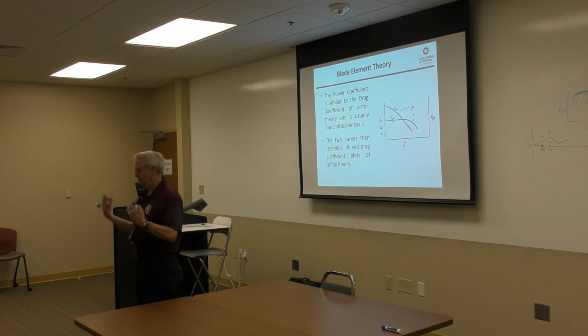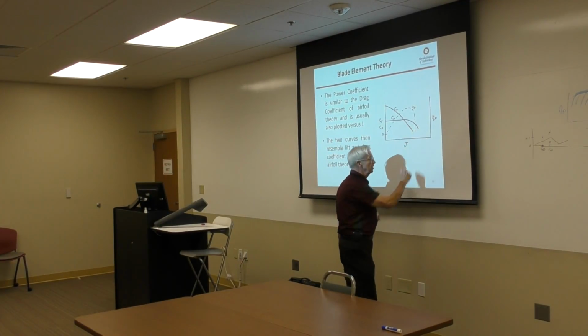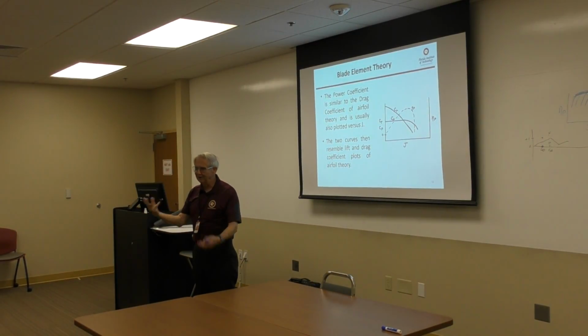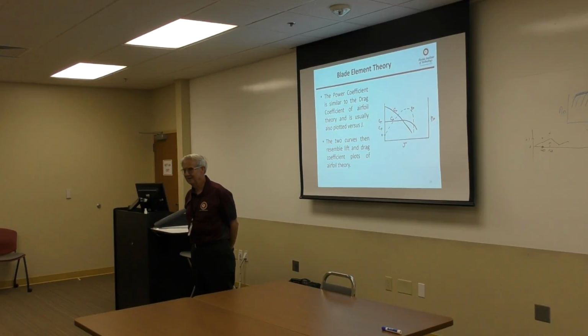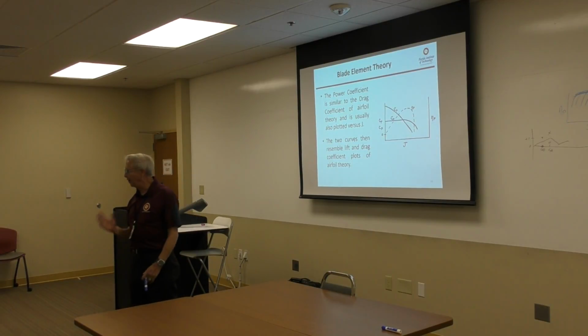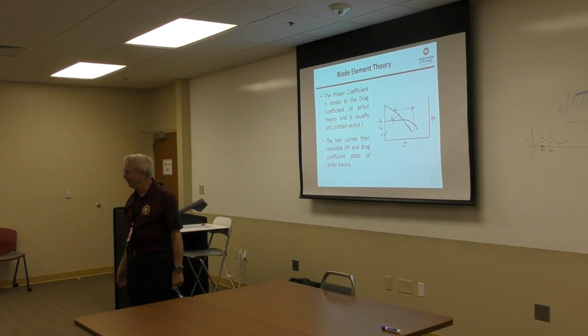A cruise prop would be optimized at a higher advance ratio or a higher cruise speed, since J is really a function of velocity. So you would want it optimized at the higher speed, and it would be really off optimum at climb. With a cruise prop, you're not going to climb very well, but you'll go faster.